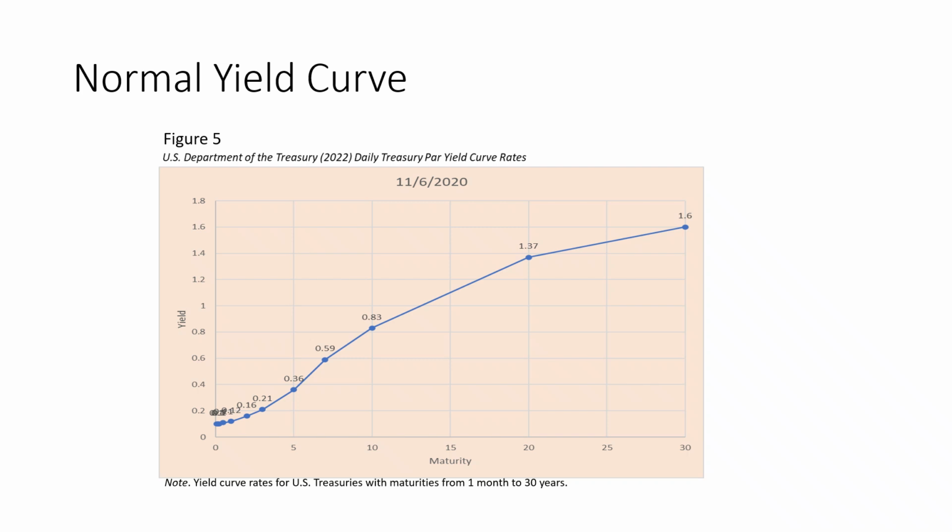Figure 5 shows the U.S. Department of the Treasury daily par yield rates on November 6, 2020 for short term, the 1 month at 0.1%, 2 month at 0.1%, 3 month at 0.1%, 6 month at 0.11%, and 1 year at 0.12%, and long term, 2 year at 0.16%, 3 year at 0.21%, 5 year at 0.36%, 7 year at 0.59%, 10 year at 0.83%, 20 year at 1.37%, and 30-year maturity at 1.6%, and appears to reflect the liquidity preference hypothesis.